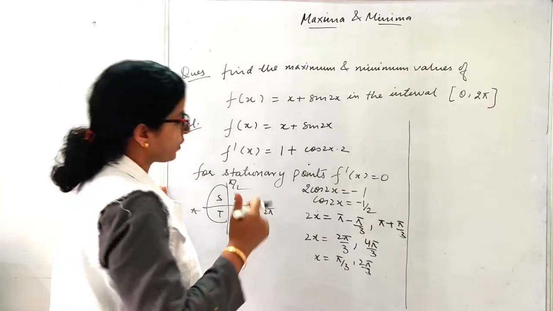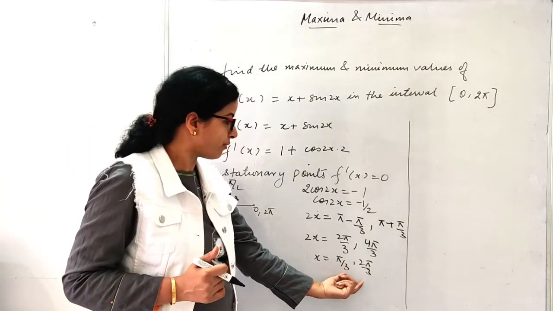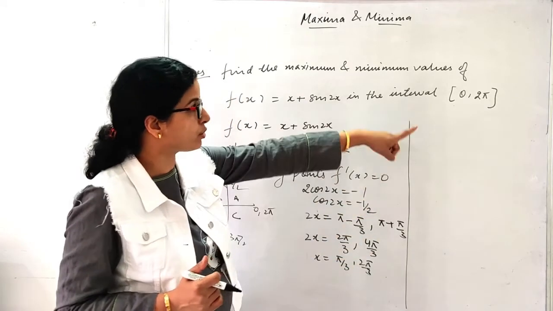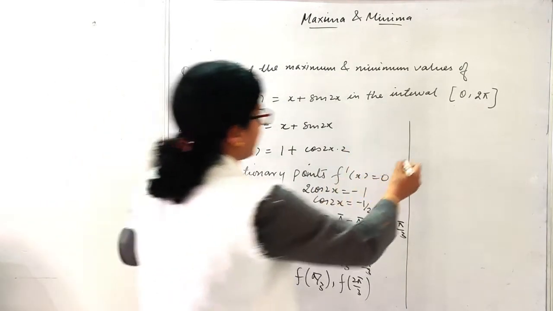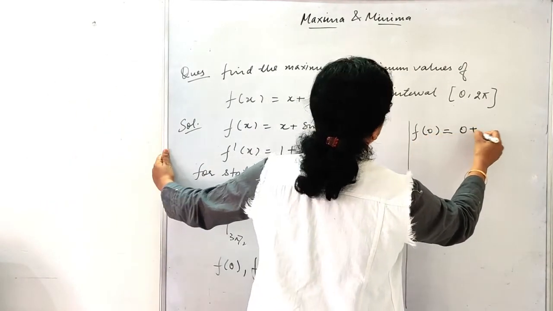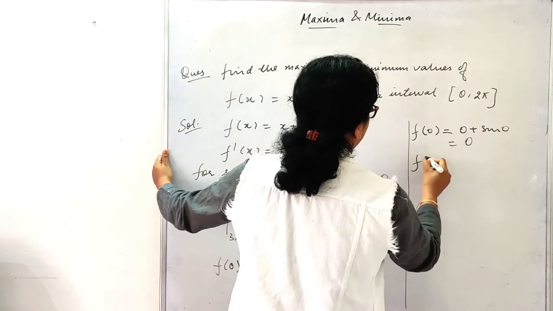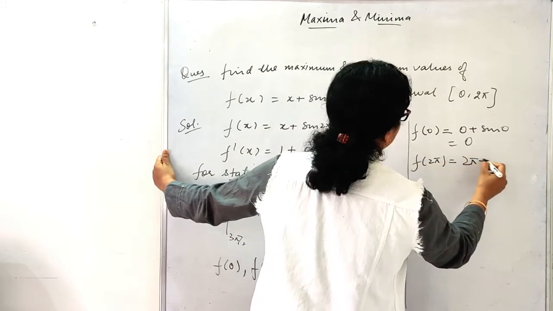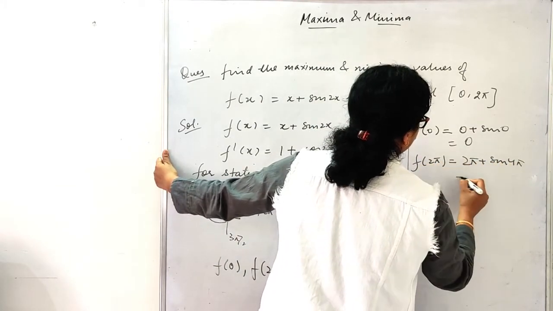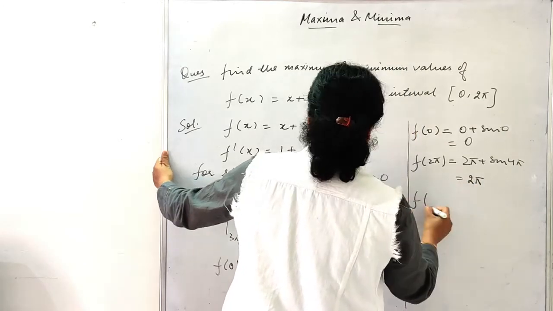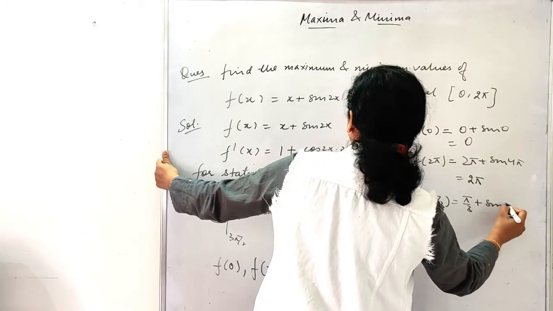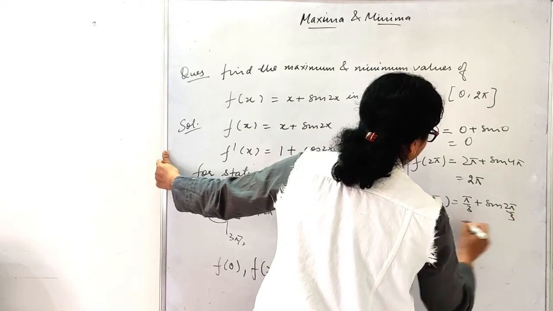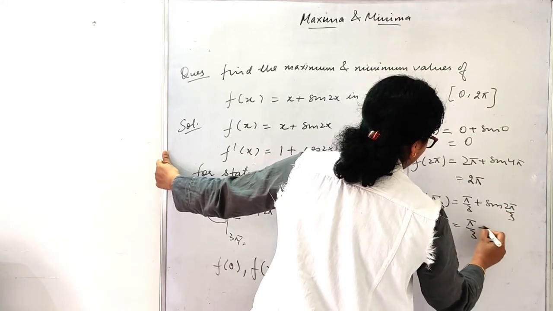So now we have to calculate the value of f(x) at 0, 2pi, f(pi/3) and f(2pi/3). Let us find out. f(0) is 0 plus sin 0, so 0. f(2pi) is 2pi plus sin 4pi, which will be equal to 2pi, right? f(pi/3) is pi/3 plus sin 2pi/3.